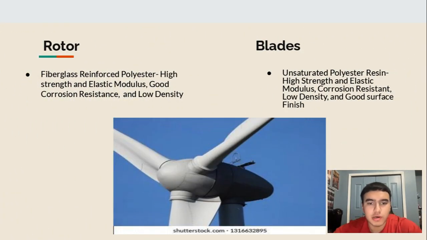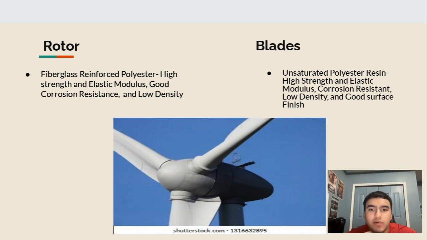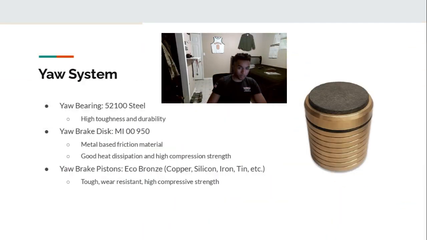Now, speaking on material requirements, we must talk about fiberglass reinforced polyester and unsaturated polyester resin. Fiberglass reinforced polyester has high strength and elastic modulus, has good corrosion resistance, and has low density. Unsaturated polyester resin has high strength and high elastic modulus as well, is corrosion resistant, has low density, and has very good surface finish.